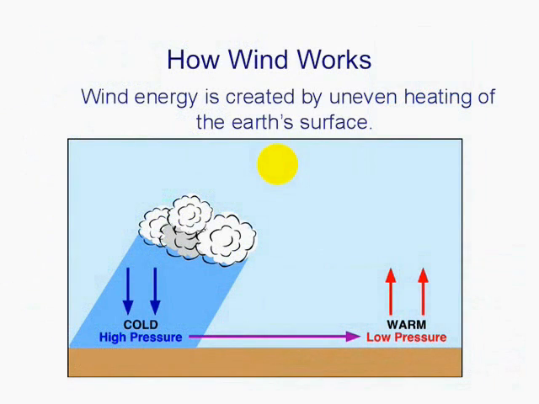Okay, now how about how the wind works? Well, wind is really just another form of solar energy. What happens, and this is a very simplified explanation, is you have the sun which heats up the earth every day, but it doesn't heat the earth evenly. Where you have cloud cover, for instance, you're going to be getting less solar energy at the surface.